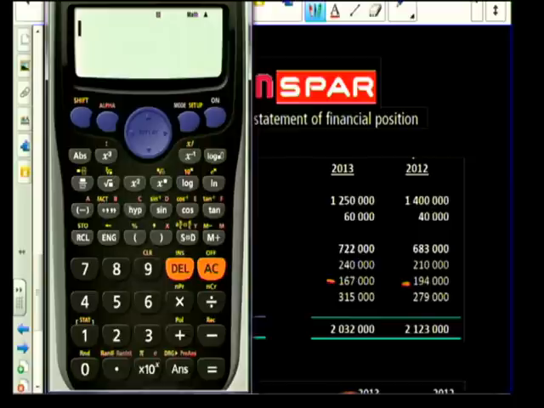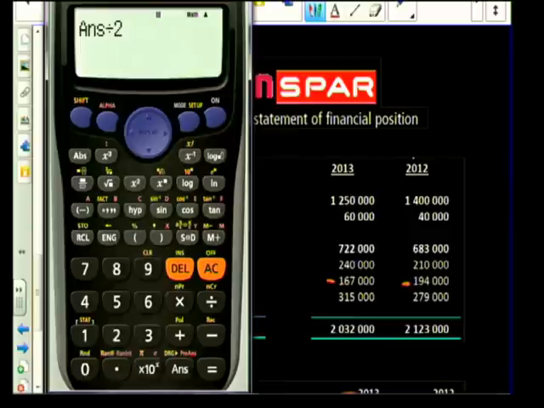So we take the 2013 figure, 167,000, add the 2012 figure, 194,000, and divide by 2.